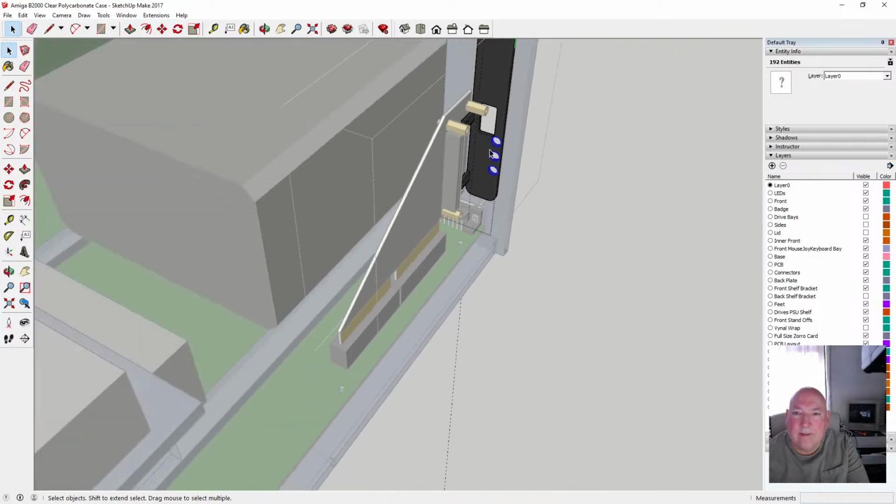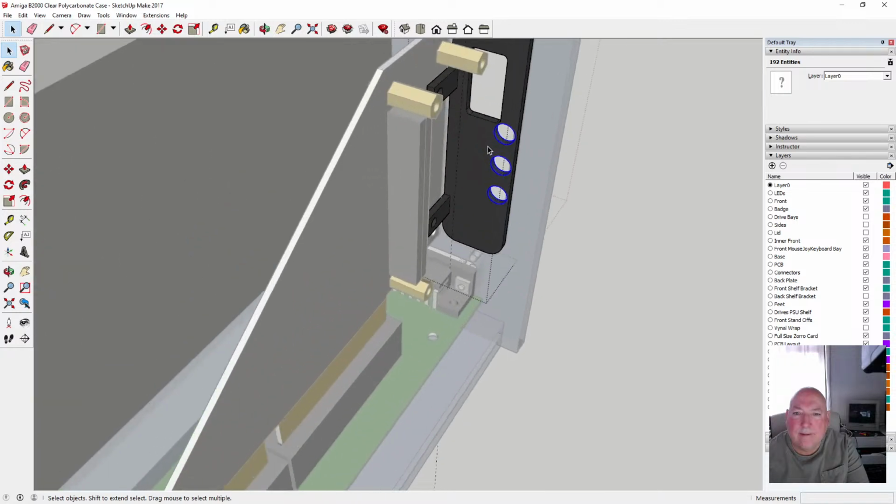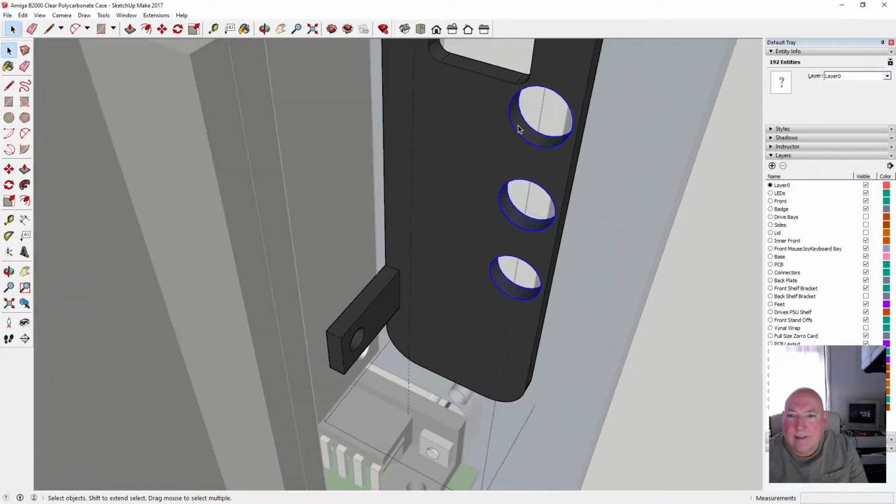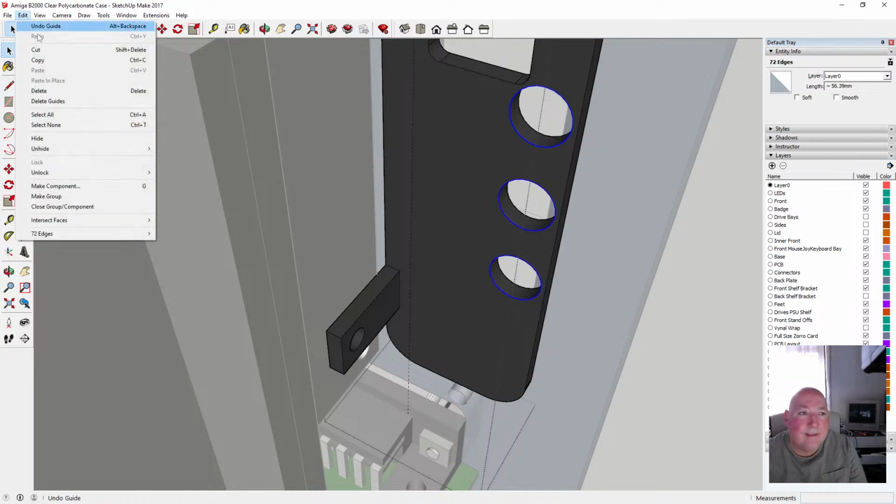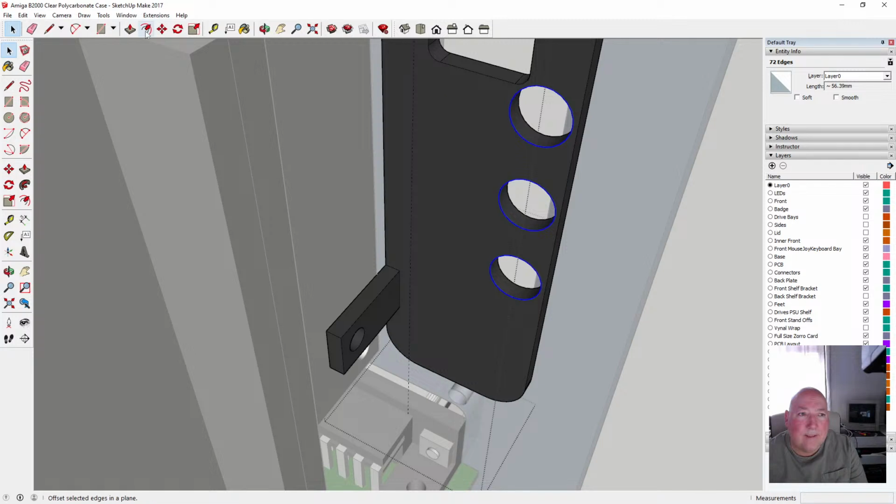Can we do it a different way? Not really. Right, so I'll just grab all of that, and that. We'll copy it. No, we won't copy it that way. We'll copy it this way. I'll just move them across to there, like that. Then we'll push them through.